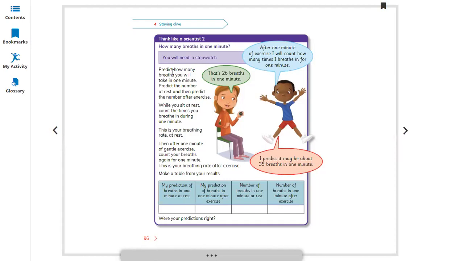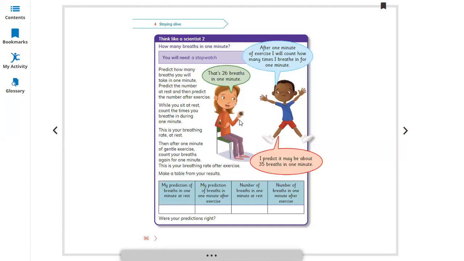Okay, you will need a stopwatch for this activity. Predict how many breaths you will take in 1 minute. Predict the number at rest, and then predict the number after exercise. While you sit at rest, count the times you breathe in during 1 minute.